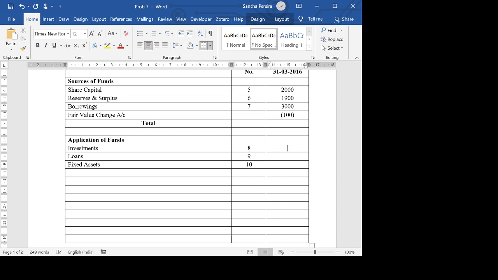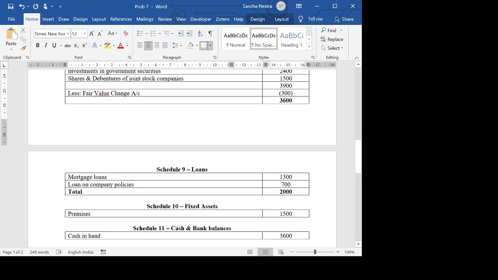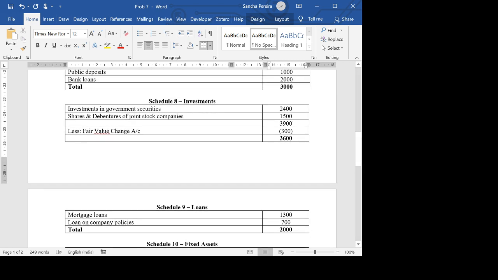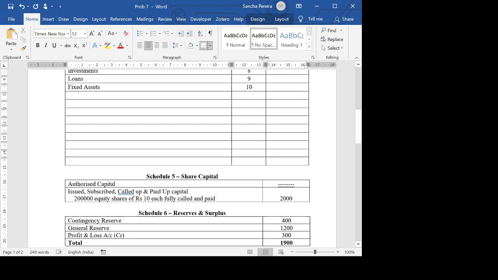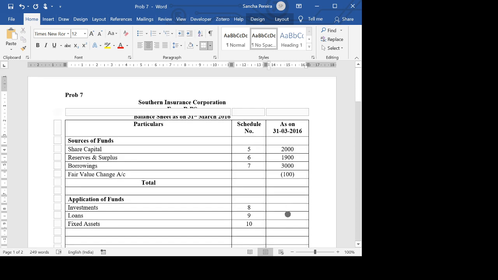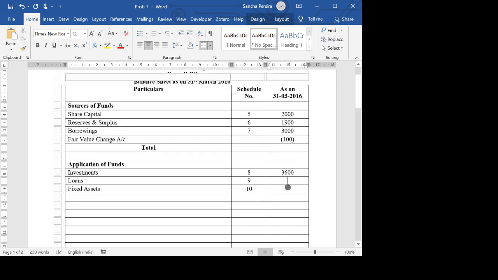Investments are the book value, the actual value of investments, which is 3600. Loans are 2000 and fixed assets are 1500.